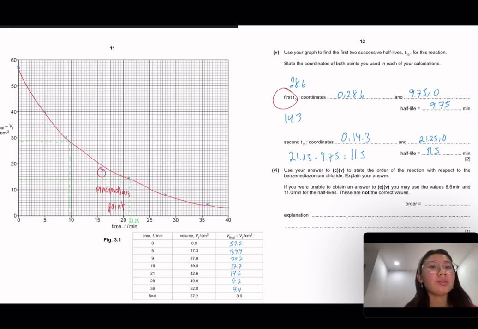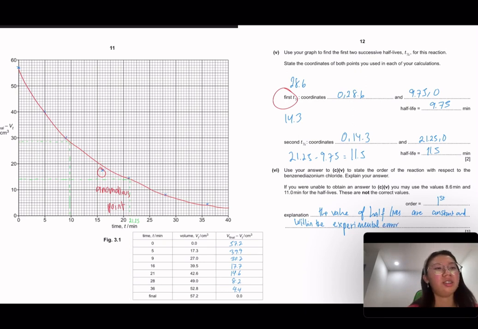And then the second half-life, again, it's the second green dotted line, slightly on the bottom. It's at 21.25. There's quite a bit of difference between my two values, but that is likely due to error from having drawn it digitally in Keynote.